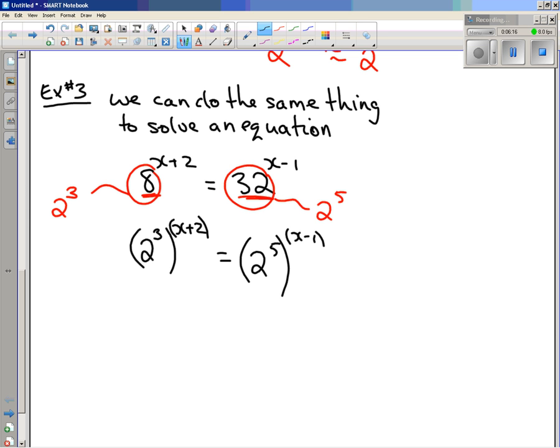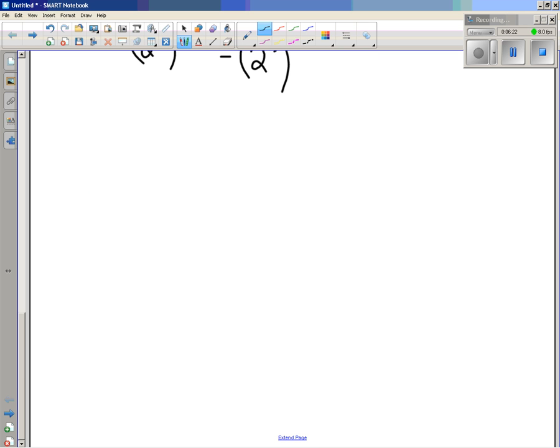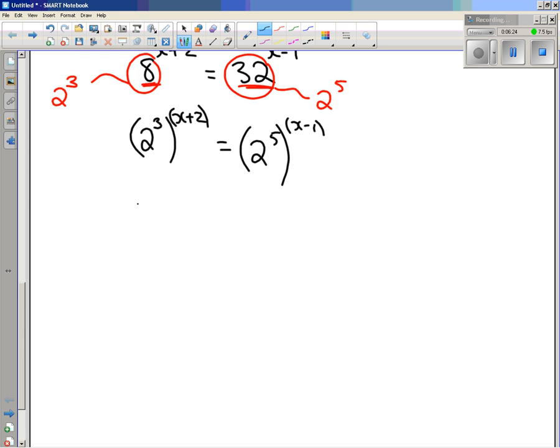Okay? From here, we're going to use power of power rules, and we're going to multiply our exponents. So our exponents are going to be 2 to the power 3x plus 2 equals 2 to the power 5 x minus 1.